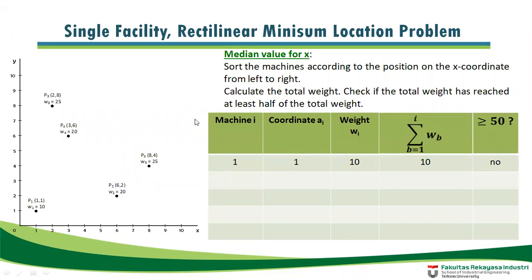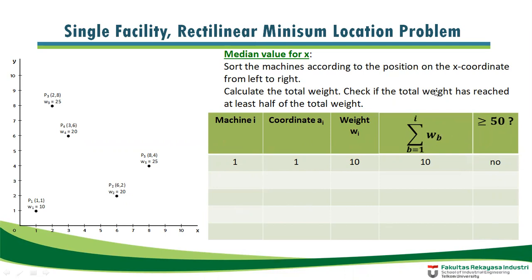And now let's create a table and fill it with information, like the machines, coordinate, weight, and sigma. And also this is a decision statement: the cumulative weight should cover at least half of the total weight.